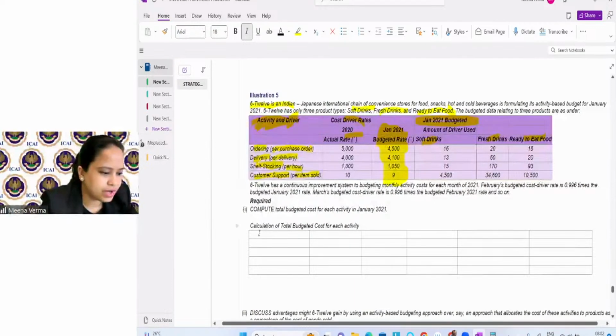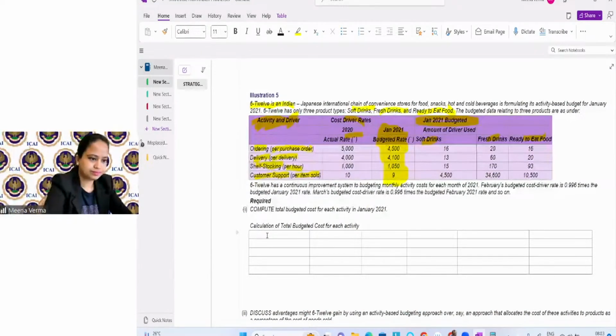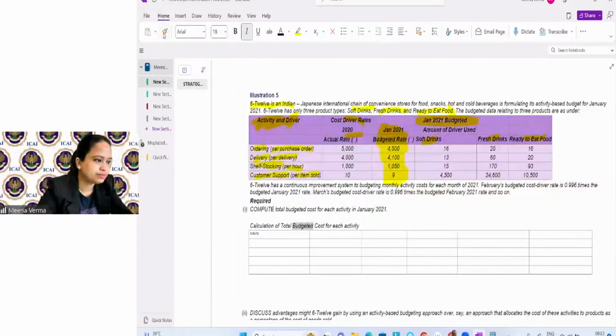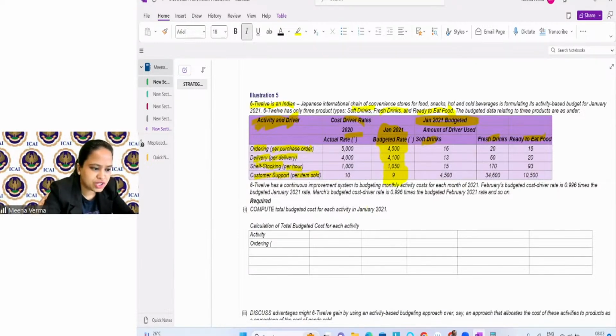Okay, what do we have here? Activity and cost. For activity we have ordering, and you will consider it per purchase order.